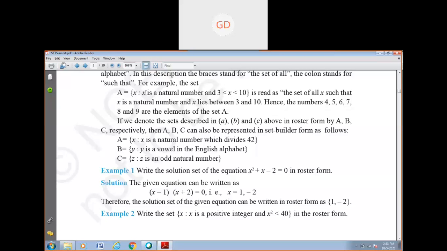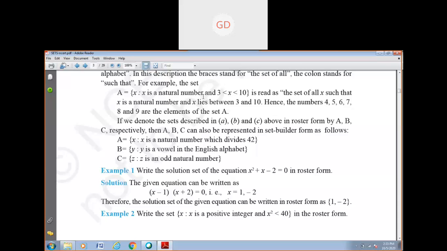About this x it is explained after such that, after the colon sign: x is a natural number, and the numbers x must be less than 10 and greater than 3. It is distinctly defined: x is natural and the values of x are less than 10 and greater than 3. That means 4, 5, 6, 7, 8, 9.